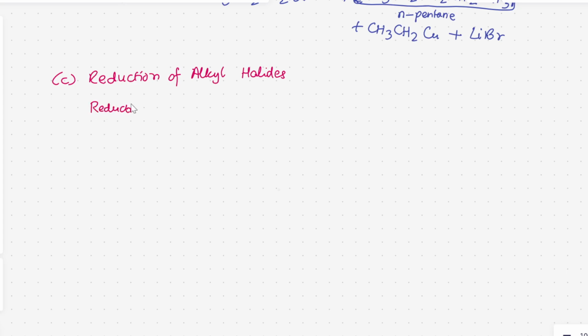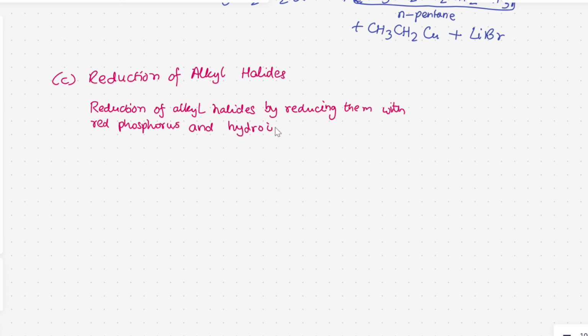Okay, so reduction of alkyl halides by reducing them with red phosphorus and hydroiodic acid.